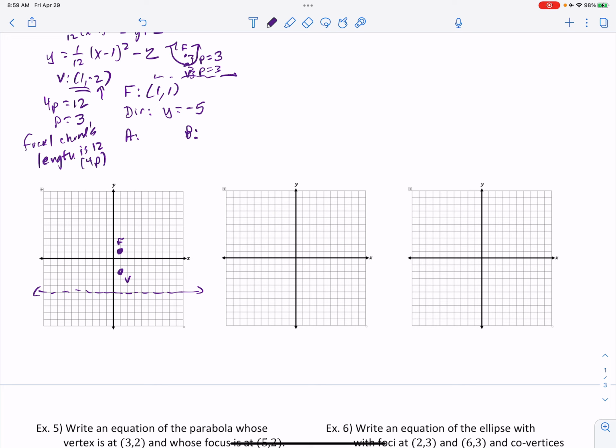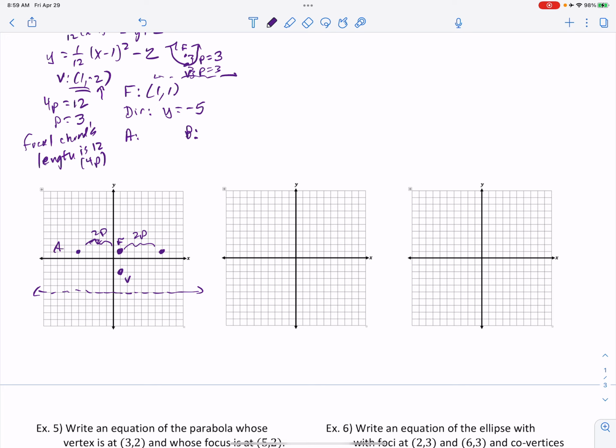And the focus is the midpoint of that. So from the focus, you go a length of 2p to the right and a length of 2p to the left. And so 2p is 6, the whole length is 12, the focus is the midpoint, so 6 units to the right, and 6 units to the left.